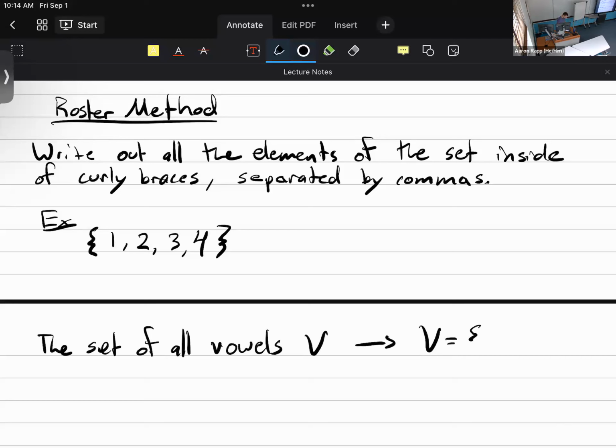V is just the set, using that nice little curly brace. And what goes in there? What are our vowels, technically, in the English language? A, E, I, O, U. That's convenient. They don't have to just be numbers.